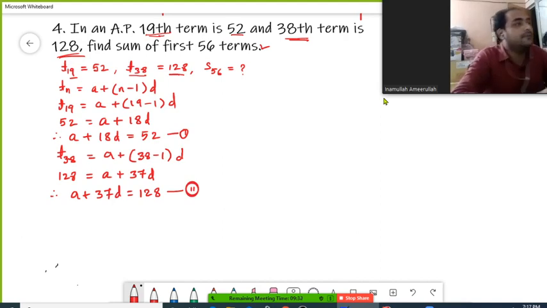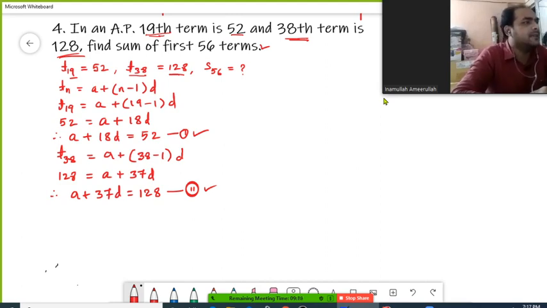Now we have two equations in two variables, equation 1 and 2, and those two equations can be solved for A and D, but we don't need to solve for A and D. Before that you will get your answer.